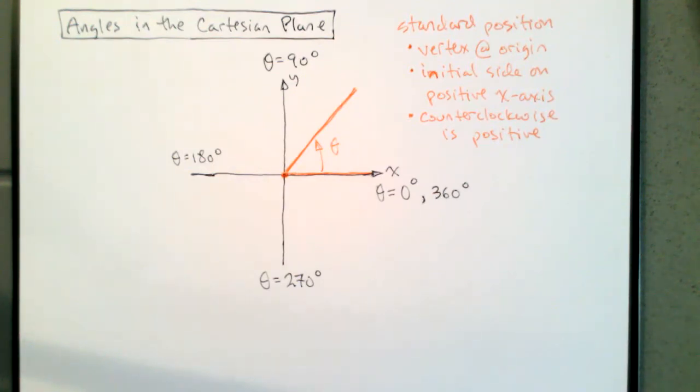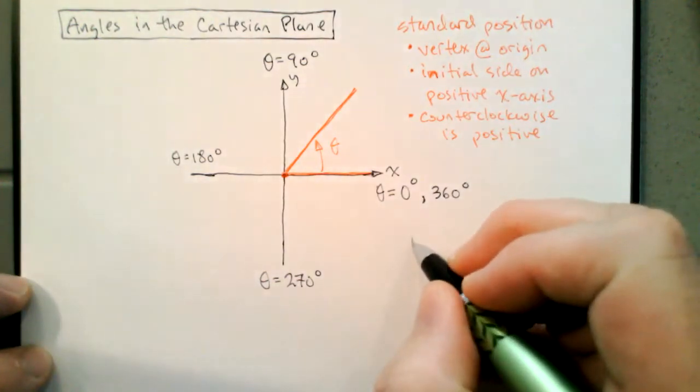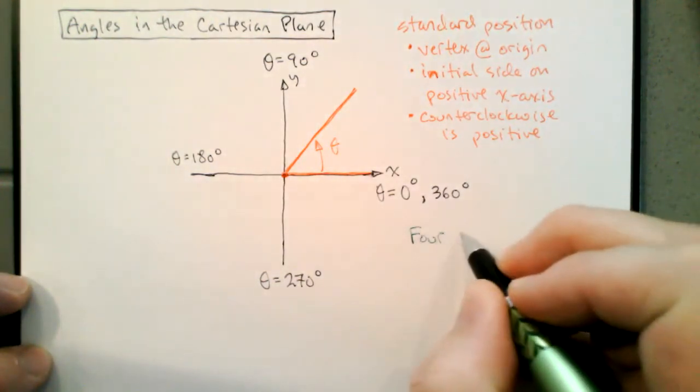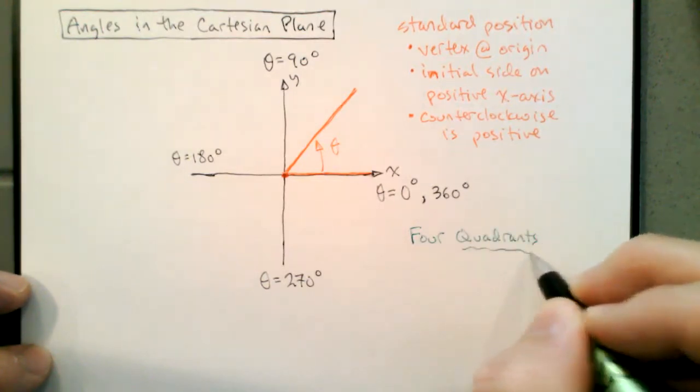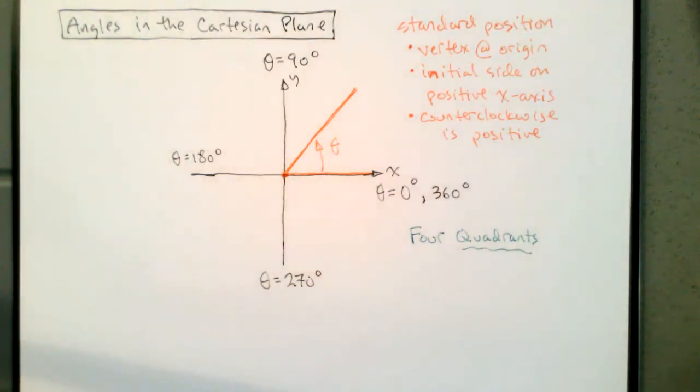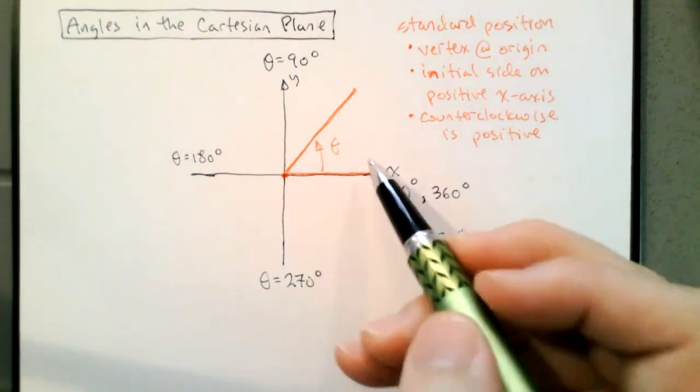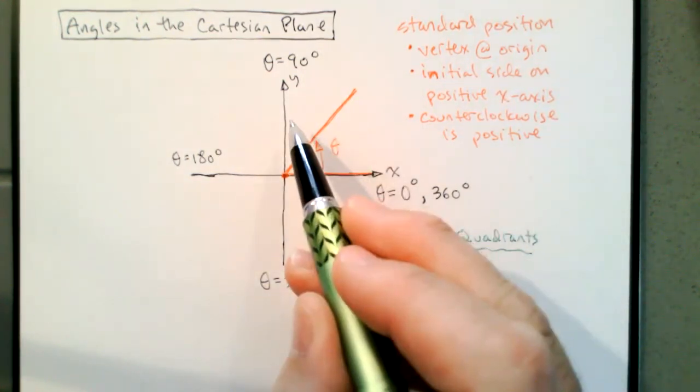The other thing we know about the Cartesian plane is that it divides two-dimensional space into 4 quadrants. These 2 axes divide space into 4 quadrants, and we're going to count them starting where theta is between 0 and 90 degrees.